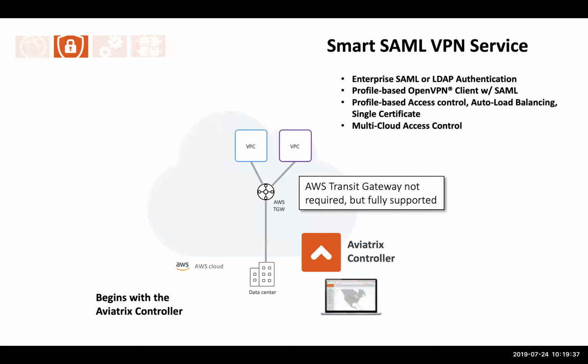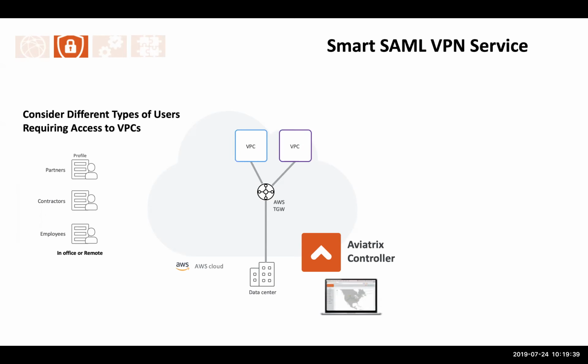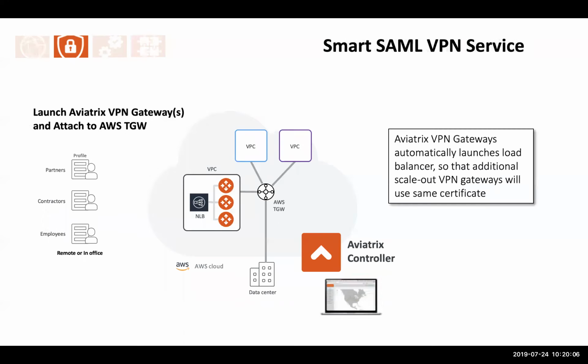or however you might be connecting your VPCs. The first thing you would do is understand the different types of users you have. It could be partners or contractors or even employees that are either remote or even in the office, because what we're going to do is apply profiles to each one of these users so that when they authenticate in, we have a profile that says exactly where they're able to get in your enterprise multi-cloud backbone.